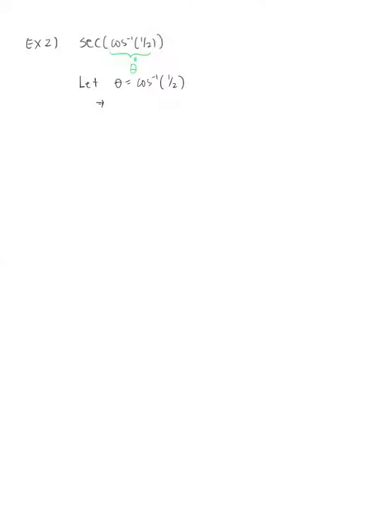That implies that cosine of theta equals 1/2, and theta is between 0 and pi. Notice that in this case, our cosine of theta is positive. So now let's draw the quadrants and figure out where the angle is going to be.